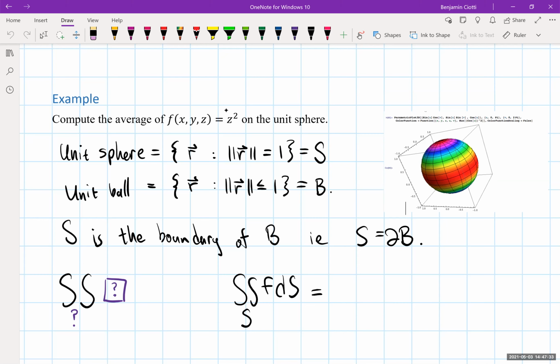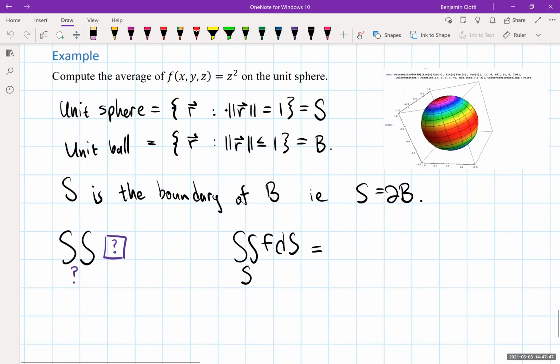Spherical, and then we could convert z squared into, is it r sine phi? Let's see. Spherical coordinates are, let's see, what is it?